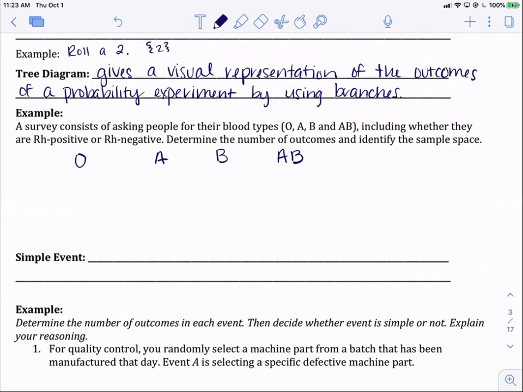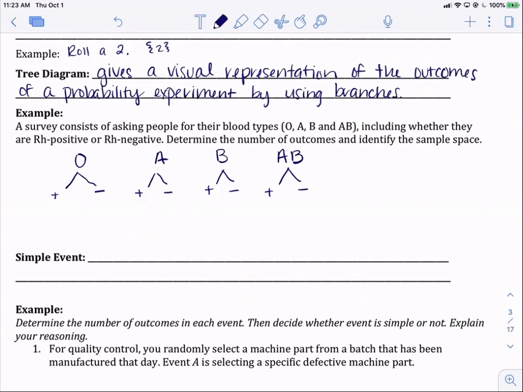And then from each of those, we're going to create branches. So we could have O positive or O negative, A positive, A negative, B positive, negative, AB positive, negative.